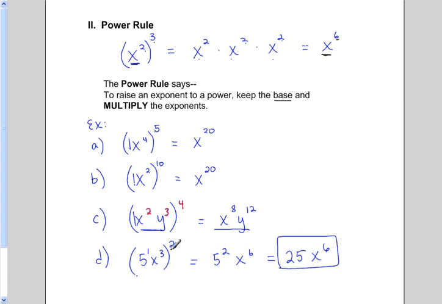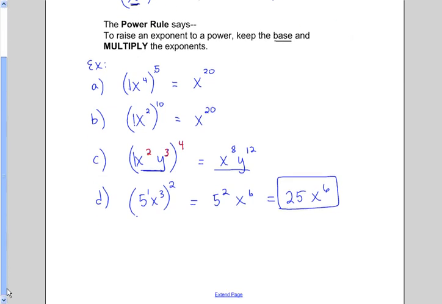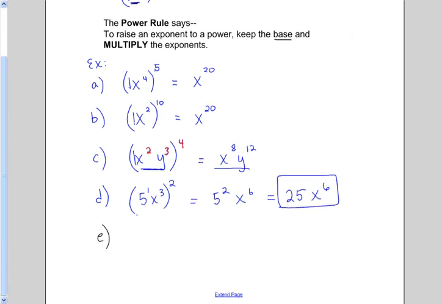Can't forget about that, especially if you have a negative number. Here's an example that you might see: negative 2, x to the fourth, y to the second, z. Lots of variables in there, all one term raised to the third power. If it helps you, when you have a leading coefficient like this negative 2, put a 1 on it if you need to.